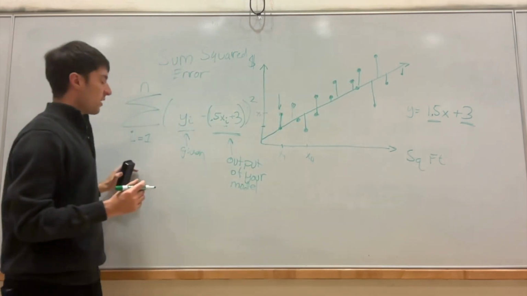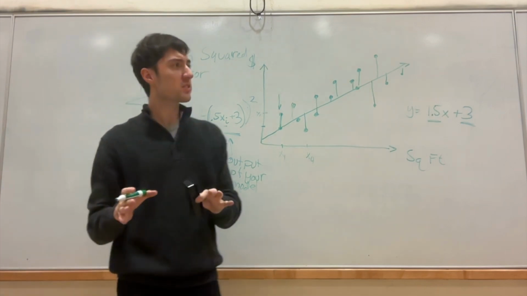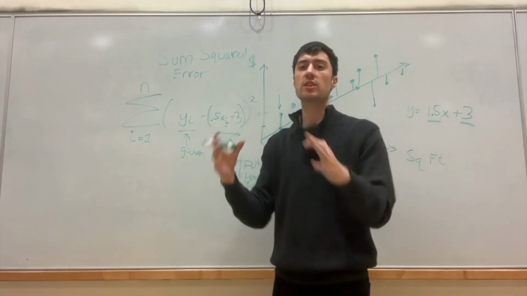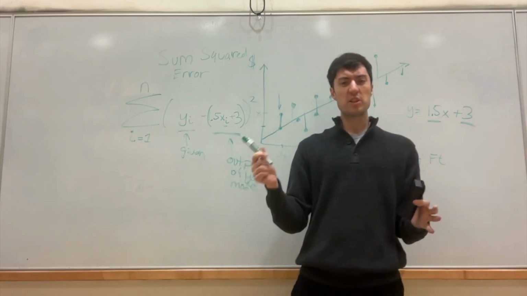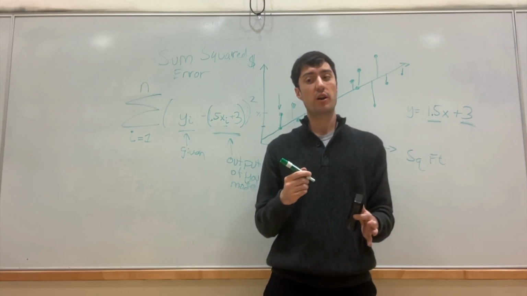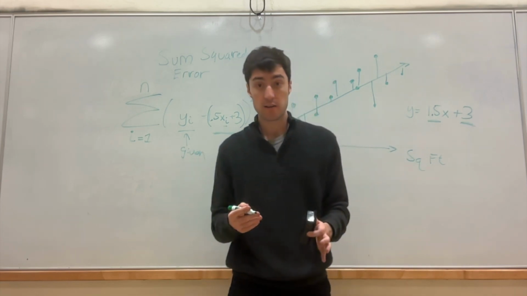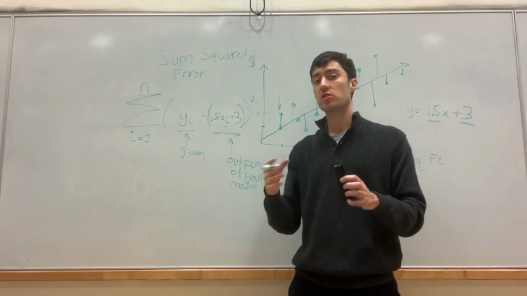Now, I was talking about doing this through a for loop. And yes, that's the best way to conceptualize it. But actually, for loops are a little bit slow when you're trying to iterate over a large amount of training data. So the way that people actually do it is they take advantage of matrix operations.